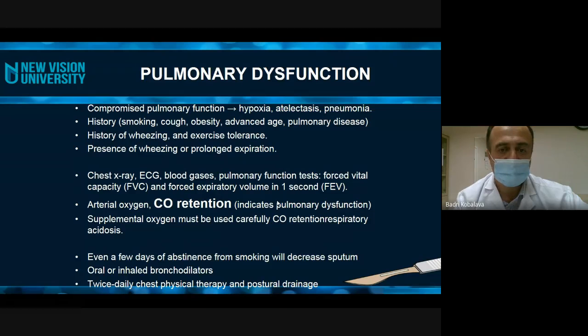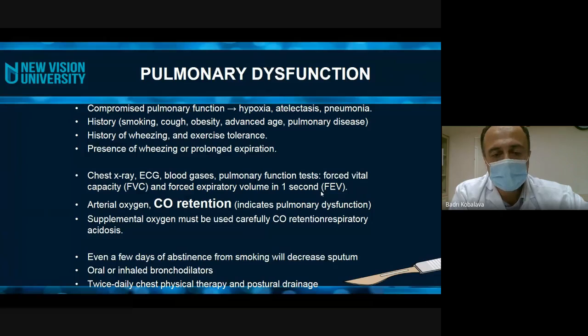That's why during exercise, the lung fails and respiratory failure develops. Now about the investigation. It's a chest X-ray, ECG, blood gases and electrolytes, pulmonary function tests.